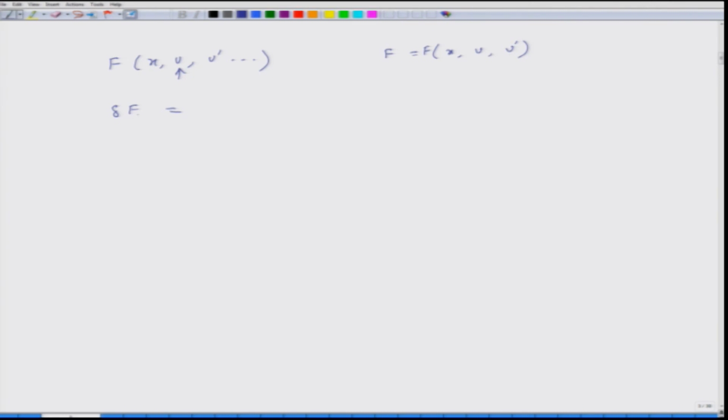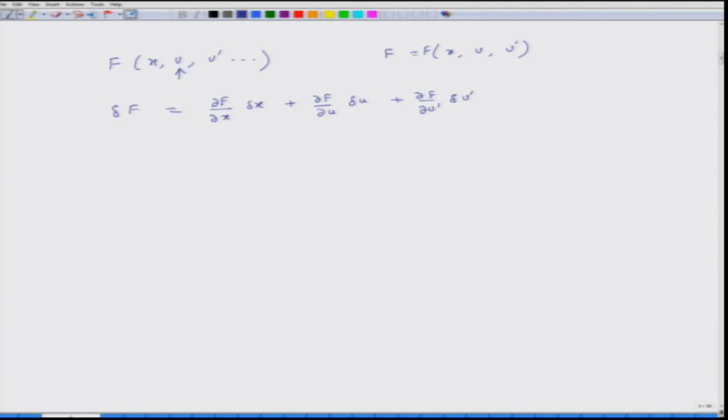Then the variation in f is, this is the mathematical thing.